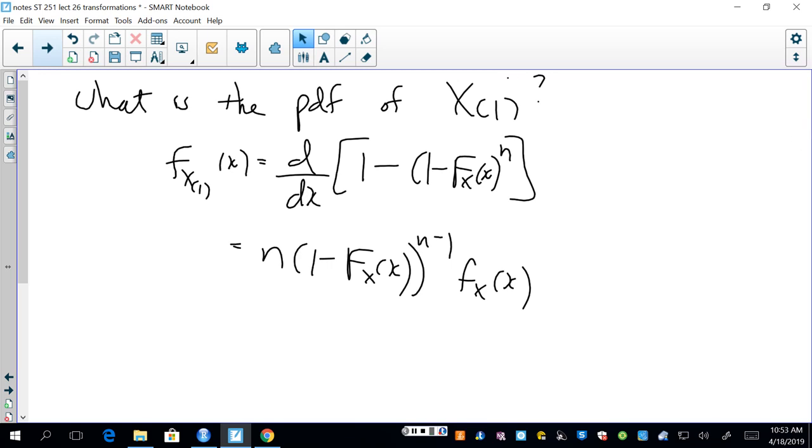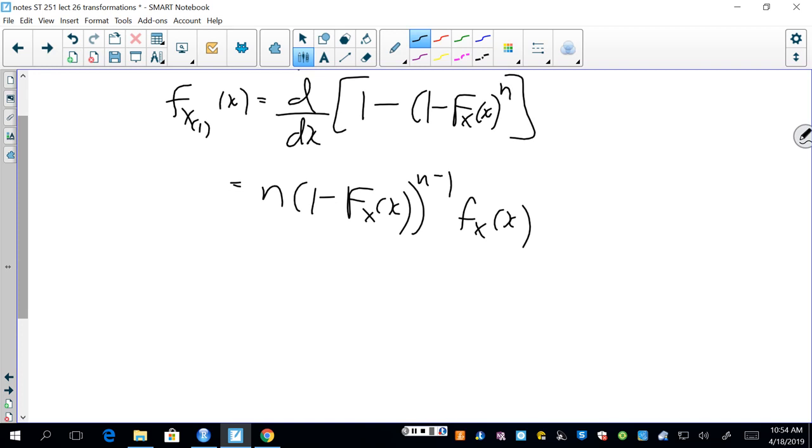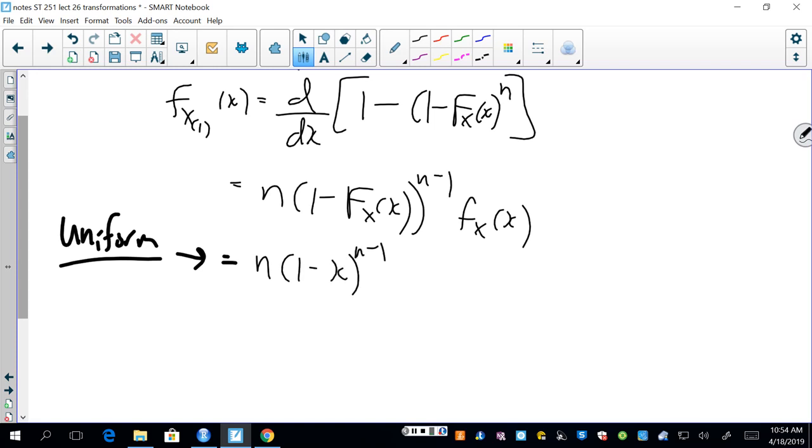And so in the uniform case, it turns out to be 1 minus x to the n minus 1, and this is 1.